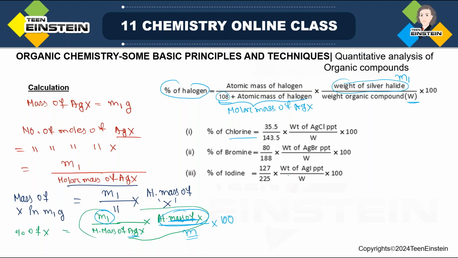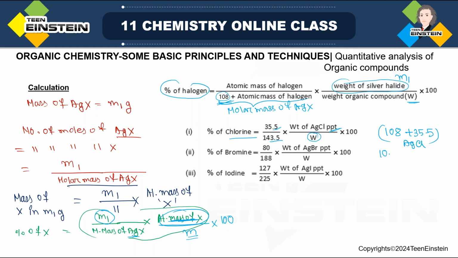Now if it is chlorine percentage, see how it will vary. 108 will be added to 35.5, which gives the mass of AgCl in the denominator, and this is the atomic mass of Cl. Then the weight of AgCl precipitate is divided by the total amount of the organic compound.